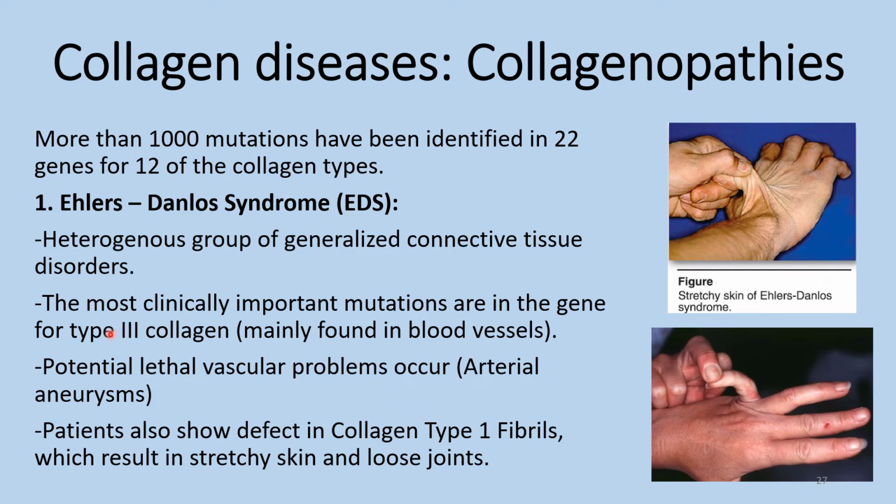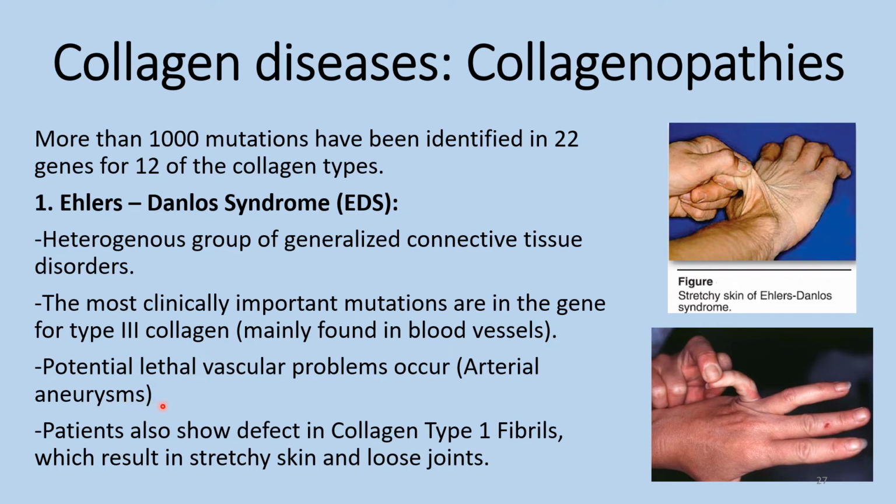But most importantly, type 3 collagen, mainly found in blood vessels, is potentially lethal, creating lethal vascular problems. When the blood vessels or their arterial walls are weak, they bulge out and make aneurysms. So bulging of an arterial wall is an aneurysm.